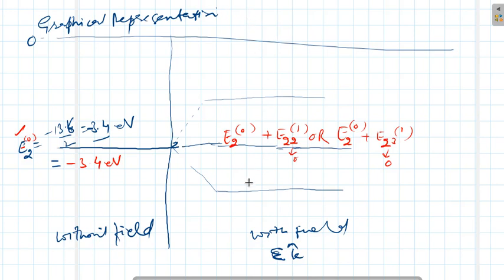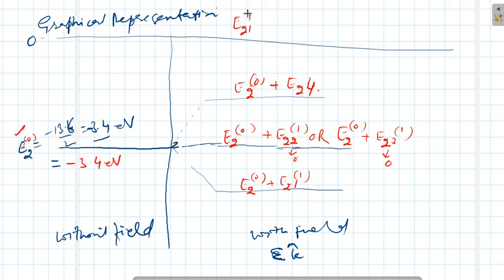And this will also change to E20 plus E21, and the value of this will be E20 plus E24, because we have four possible values.